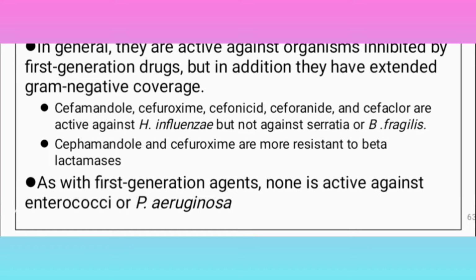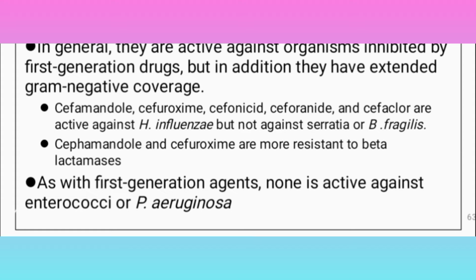So second generation cephalosporins in general are active against organisms inhibited by the first generation drugs. But in addition, they have an extended gram-negative coverage. That is the difference from the first generation.